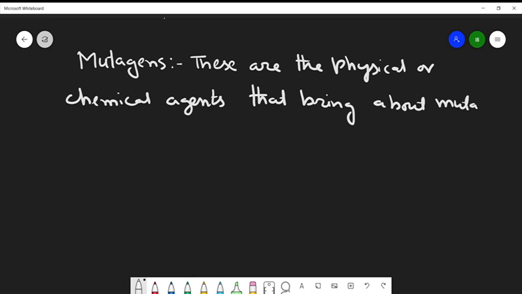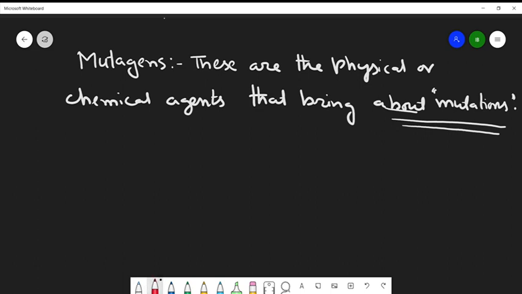So all those physical or chemical agents that cause mutations of our genome are called the mutagens.